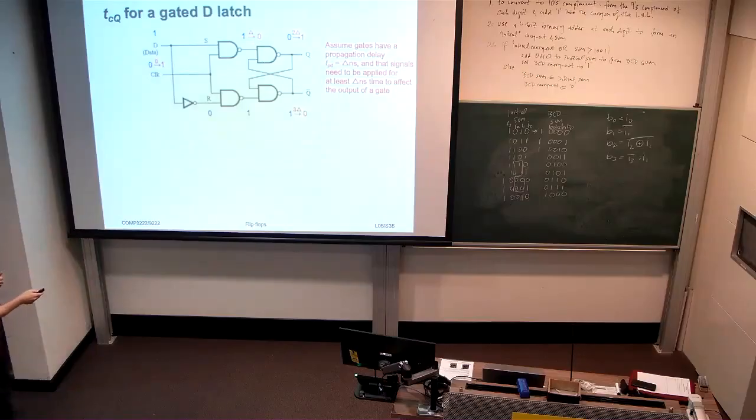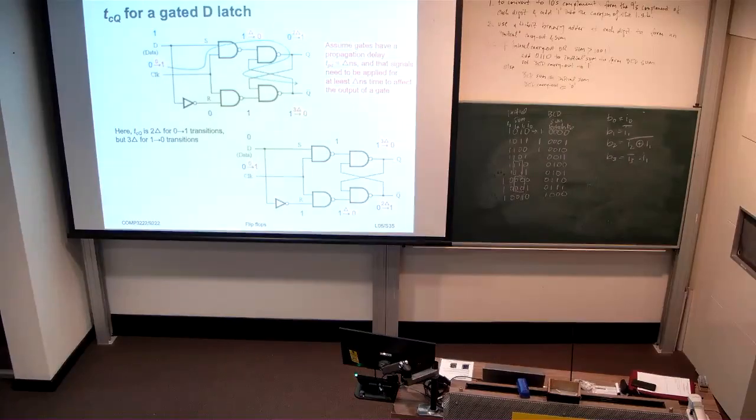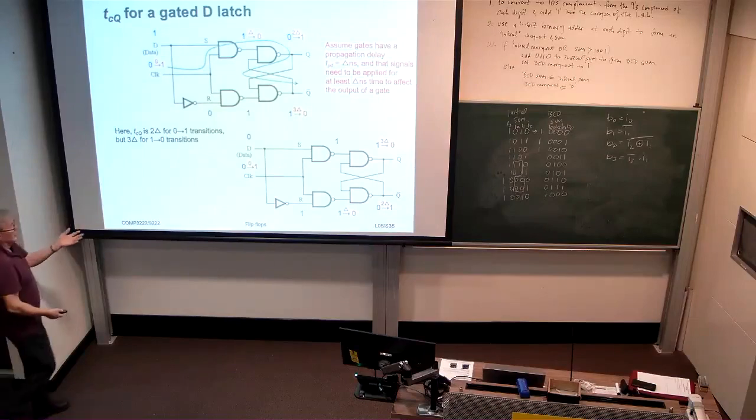And similarly, after 3 delta, this lower NAND gate is going to change state, because if this guy's gone to 1 and this guy stays at 1, the output of this NAND gate has to go to 0. But as you can see, there's a 2 delta delay before Q changes and a 3 delta delay before Q bar changes. Okay? And so on a 0 to 1 transition in the output, we can see that there'd be a 2 delta delay.